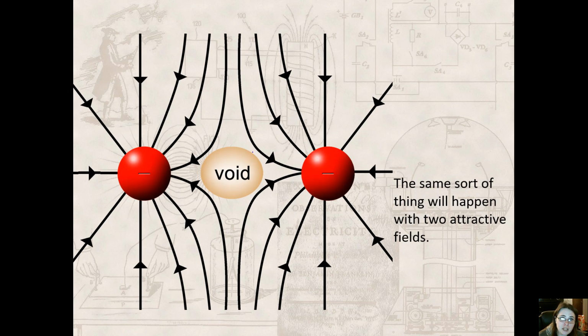The same thing happens with a negative particle, except that the field lines are reversed. So these are now in toward the particle instead of away from the particle.